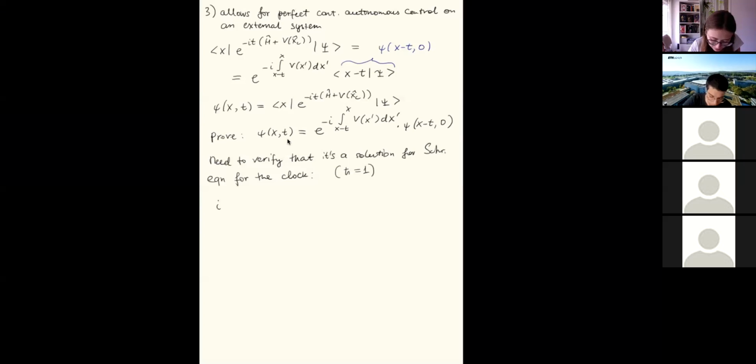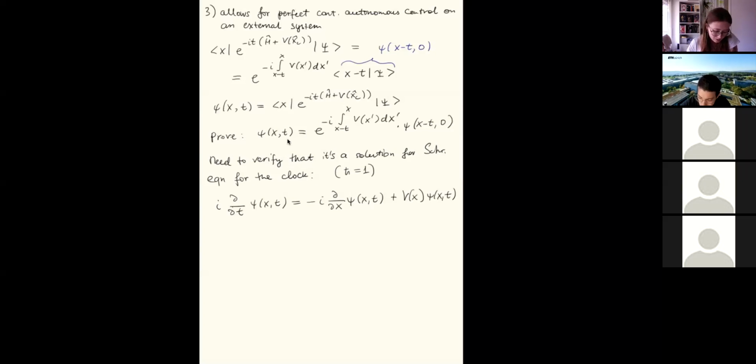So what we get is i derivative with respect to t of psi of x, t equals, first, the Hamiltonian of the clock, which is minus i derivative with respect to x of psi of x, t. This is just the action of the momentum operator, and then the potential.